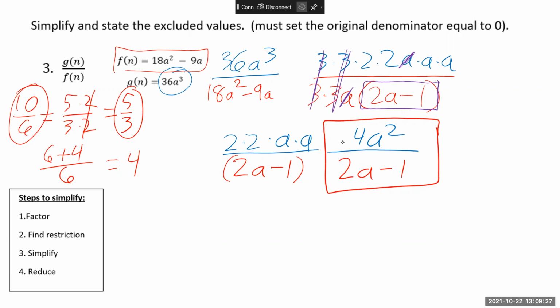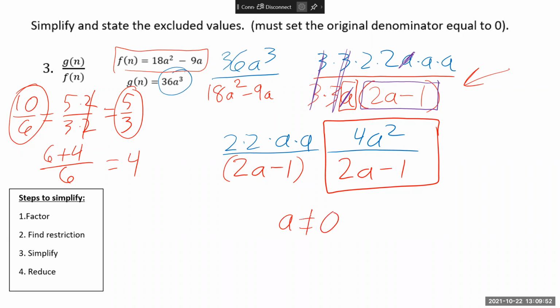So before we move on, though, we have one more task. We need to find the excluded values. To find the excluded values, go back up here. Look at the factored form and decide what would make it 0. So this a right here, if I put 0 in there, the whole bottom becomes 0. So a cannot equal 0.